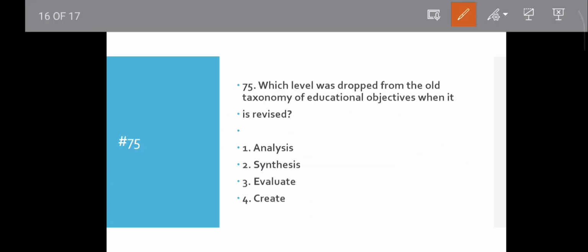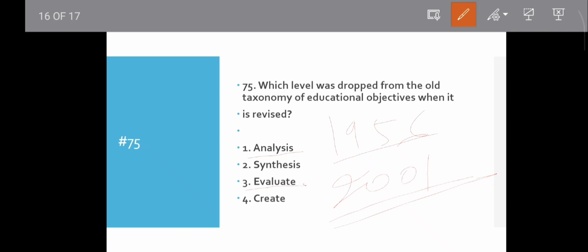Question number 75 and it is the last question of this session. Which level was dropped from the old taxonomy of educational objectives when it was revised? In the revised taxonomy, the old one is from 1956 and 2001 is the revised taxonomy. Analysis is available, evaluate is available, create is also there.